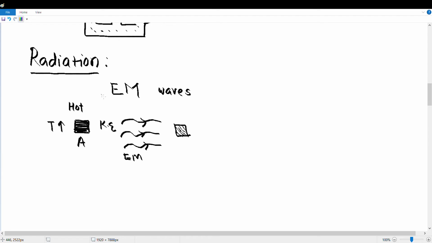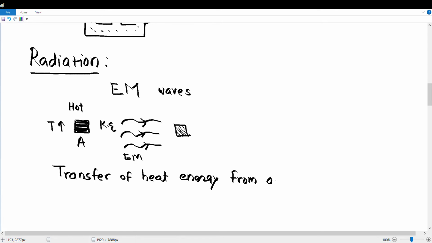Now let us see the definition of radiation. Radiation is defined as the transfer of heat energy from one point to another point. What is radiation? Radiation is the transfer of heat energy from where to where?